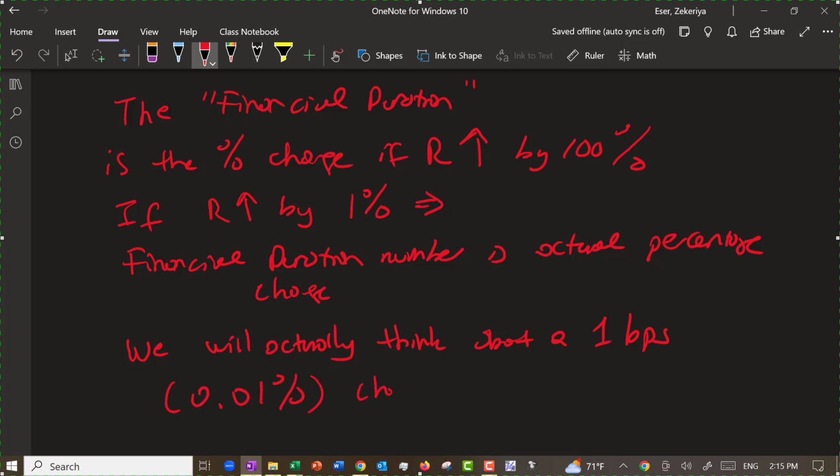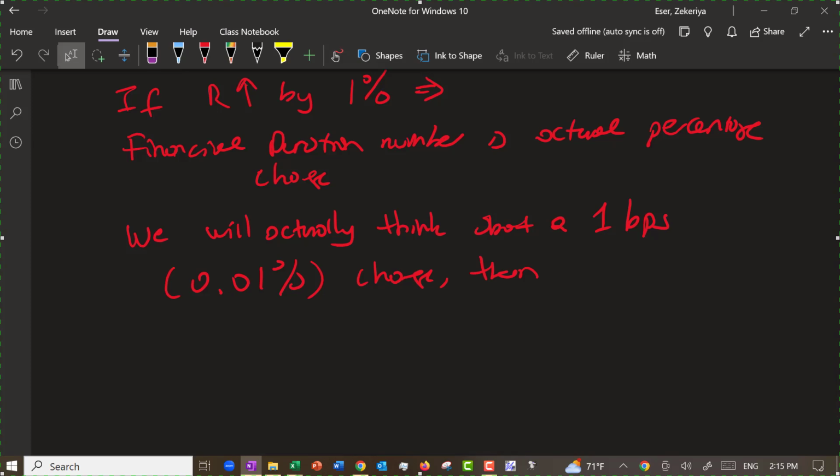Then this would mean divide financial duration by 100. Okay, but that duration is for a change in the period rate.